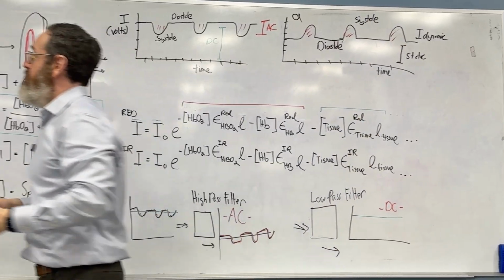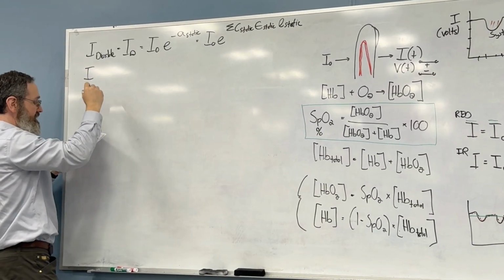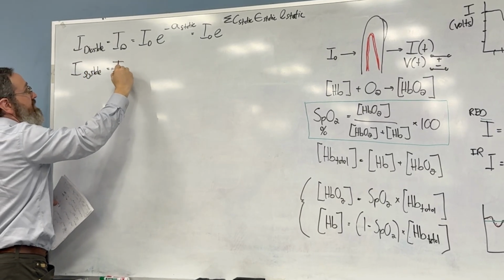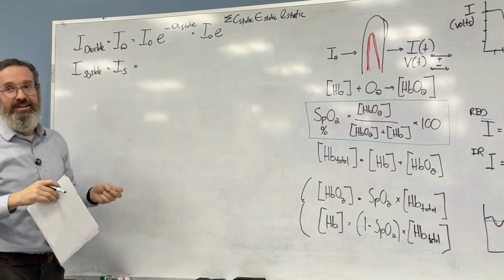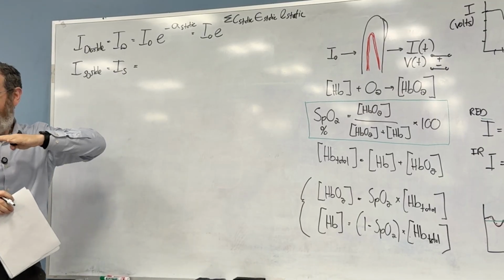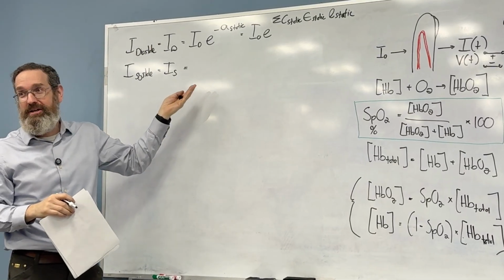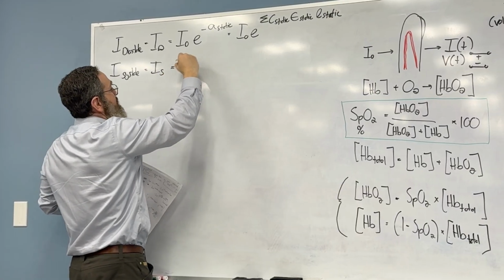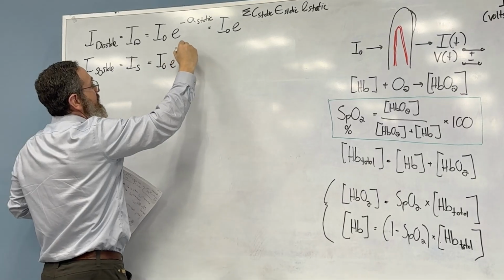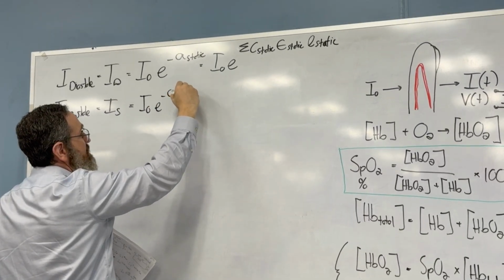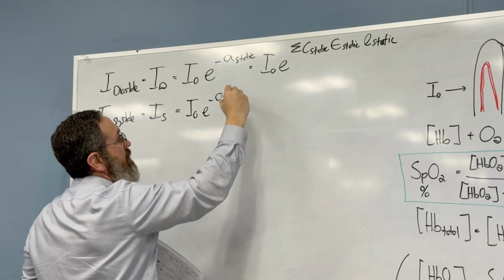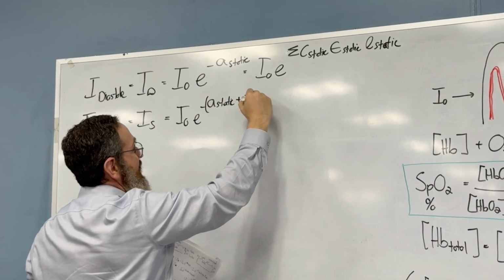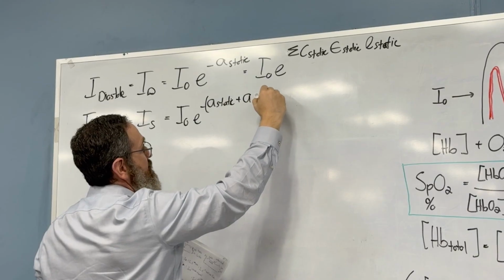But so what I'm going to write now is that the I in the systole, which is equal to I sub s, is equal to, well, again, we only have Beer-Lambert. It's like before all we had is Ohm's law, so we just kept writing it. We're just going to keep writing Beer-Lambert. So this is going to be I sub 0 times e to the minus a static plus a, I'm going to call it dynamic.